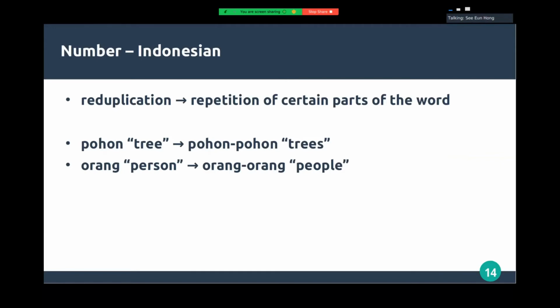But in order to make it plural, you have to reduplicate, so you have to repeat the whole word. So pohon-pohon, trees. Or another example is orang, person, becoming orang-orang. But there are some words that are by default reduplicated, or use different plural prefixes.